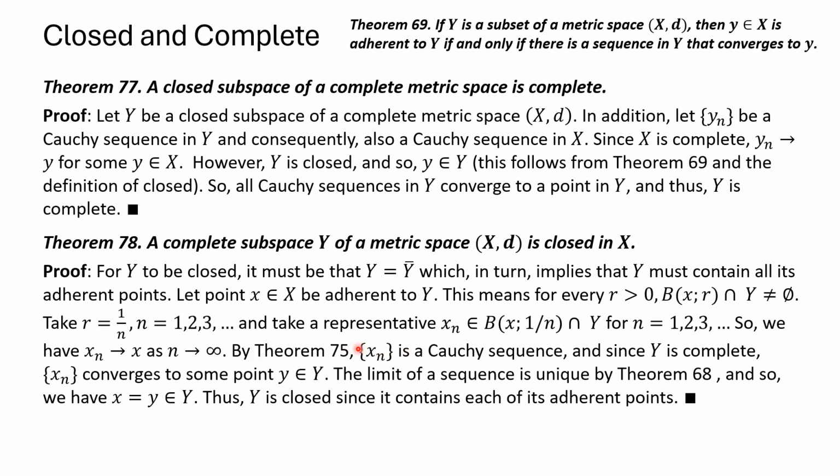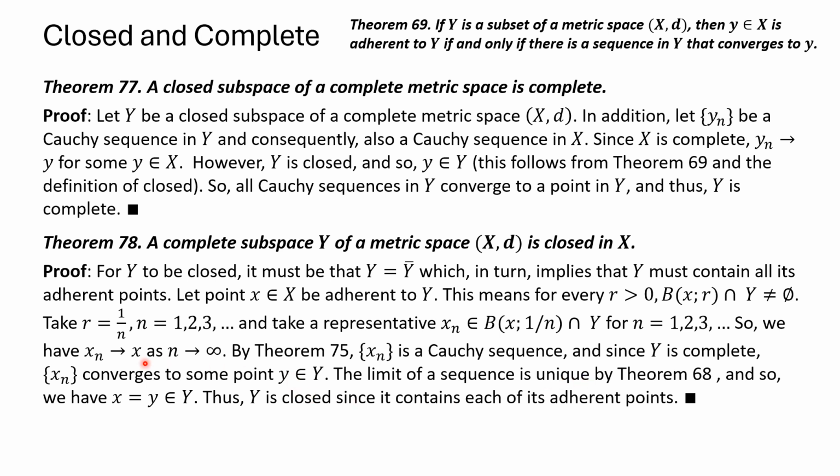By theorem 75, we know that the sequence x sub n is a Cauchy sequence. That's because a convergent sequence is a Cauchy sequence. That was the theorem. And since each of the x sub n's are in Y, and Y is complete, we know that this sequence x sub n converges to some point, little y, in Y. And we also know from theorem 68 that the limit of a sequence is unique.